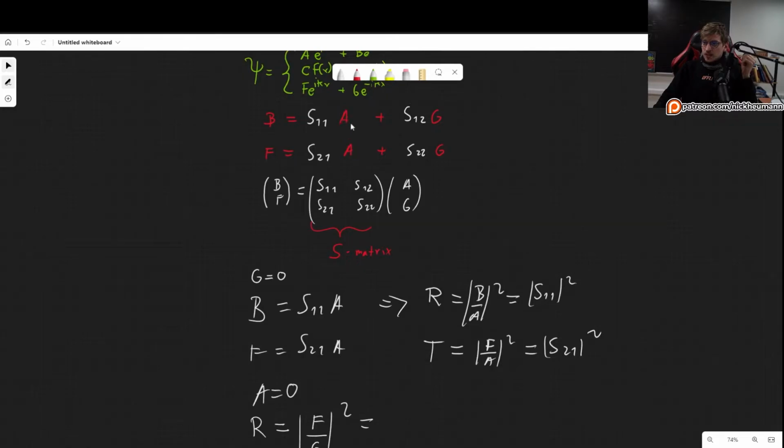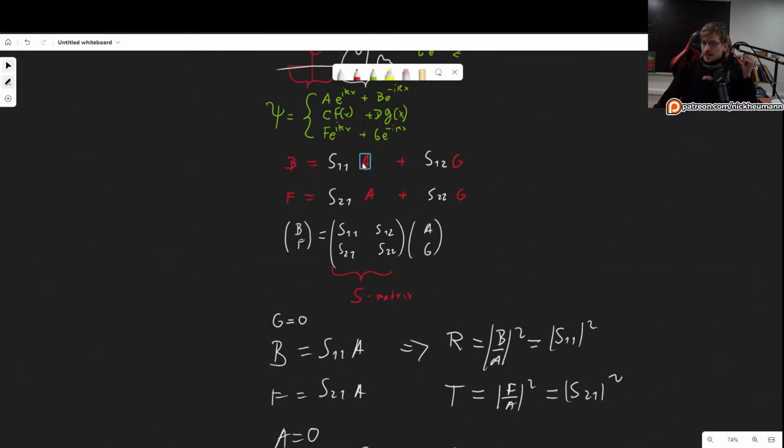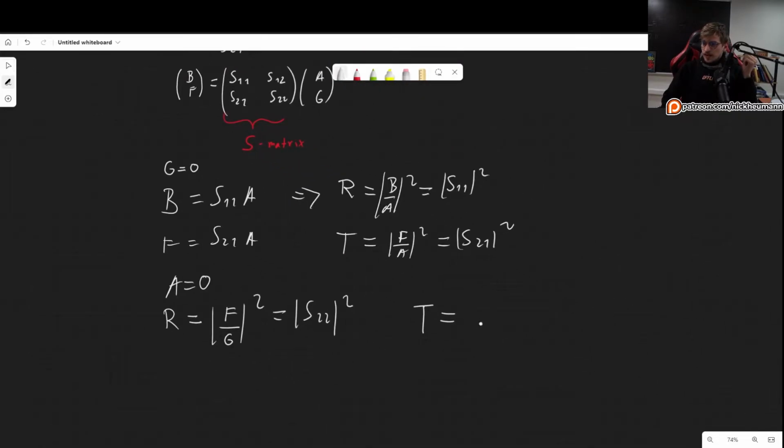If A is equal to 0, we can see that F over G comes from here, so that is S22. So this is S22 squared. And the transmission coefficient comes from B over G, so it's S12, and this is S12 squared.